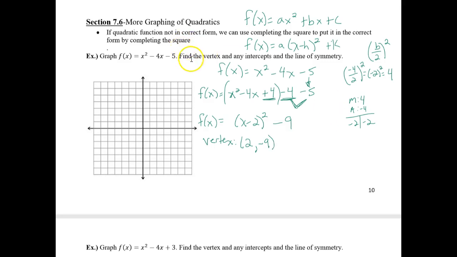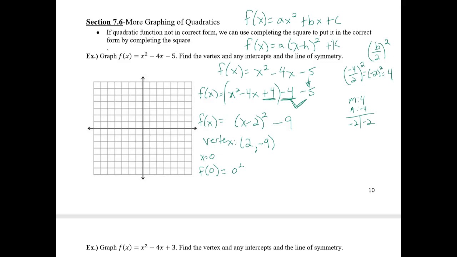And then we're also asked to find the vertex and any intercepts. So remember, intercepts are where it crosses the y-axis and the x-axis. And the way we find those intercepts is by letting x equal 0 or y equal 0. So if I let x equal 0, that means I'm plugging in 0 for x.